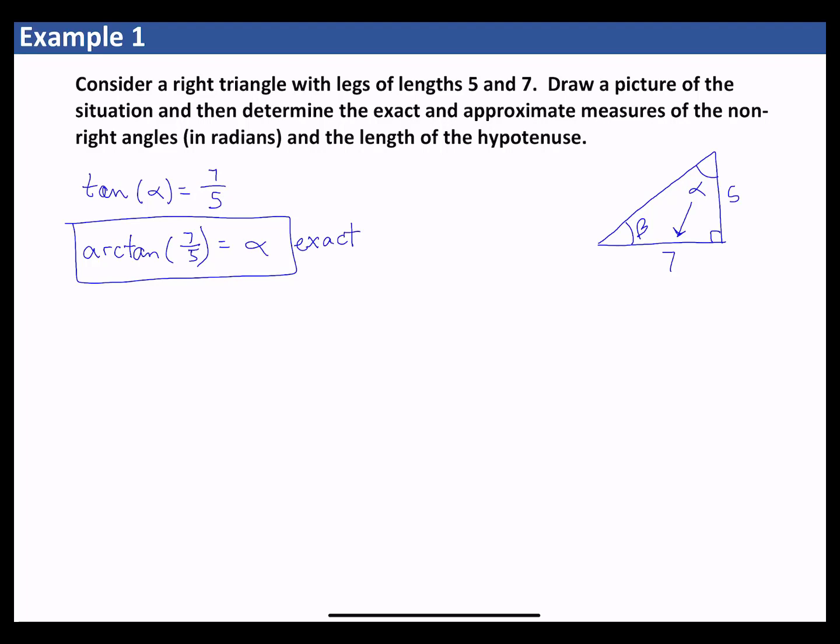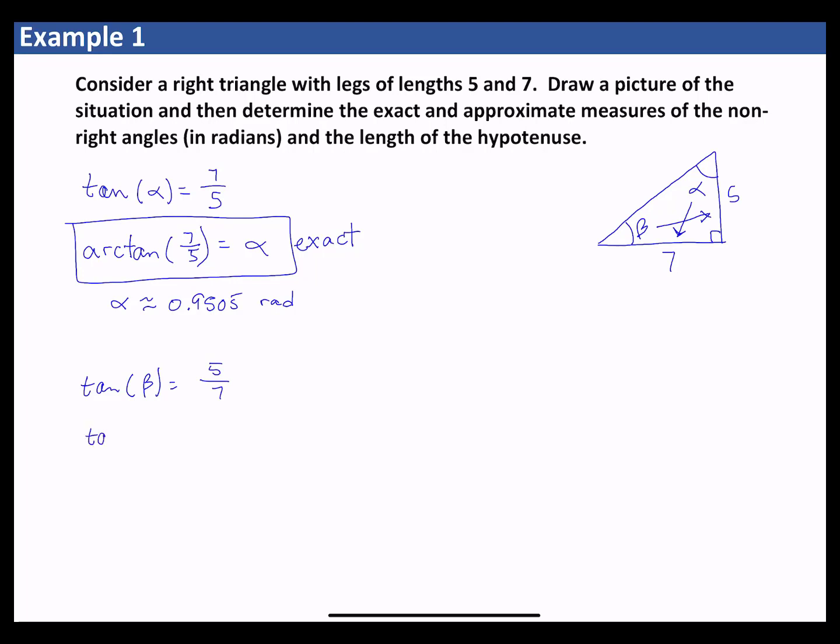And if you use a computational device, you would see that in radians, alpha is approximately 0.9505 radians. All right, next we could find angle beta. There's two ways we could do that. We could set up a tangent function again because we have the opposite side, which is 5, and the adjacent side, which is 7.